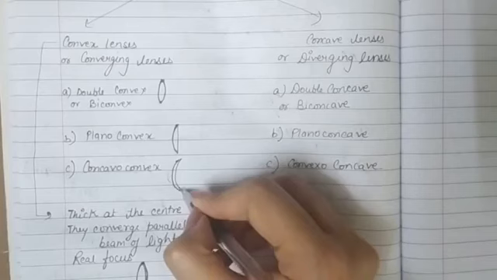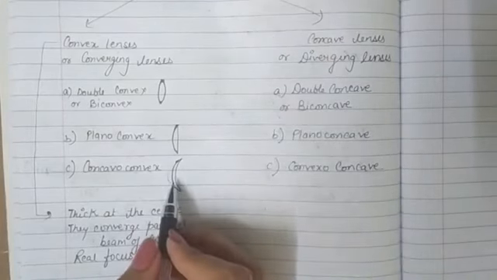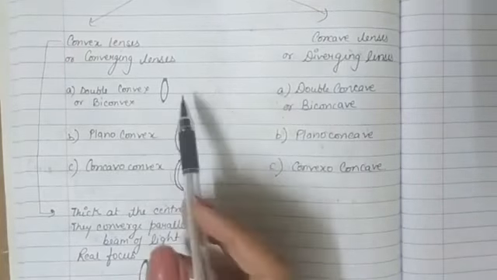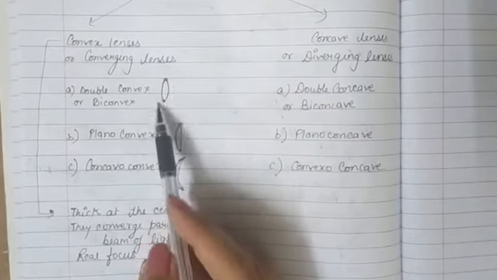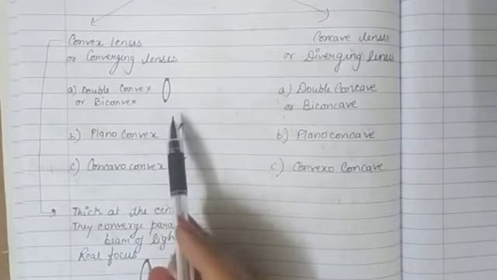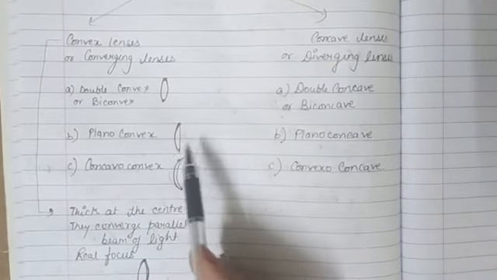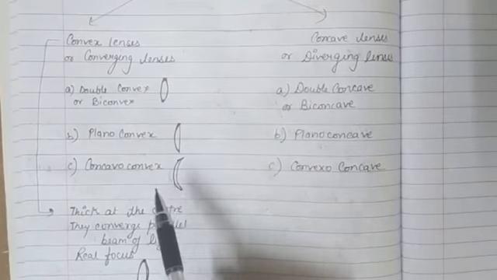So this is concave surface, this is convex surface, and the lens is called concavo convex because one side is convex and the other is concave. If both sides are convex, then they are called double convex or biconvex lens. If one is plane and the other is curved convex, then it is called plano convex. While if one is convex and the other is concave, then it is called concavo convex.